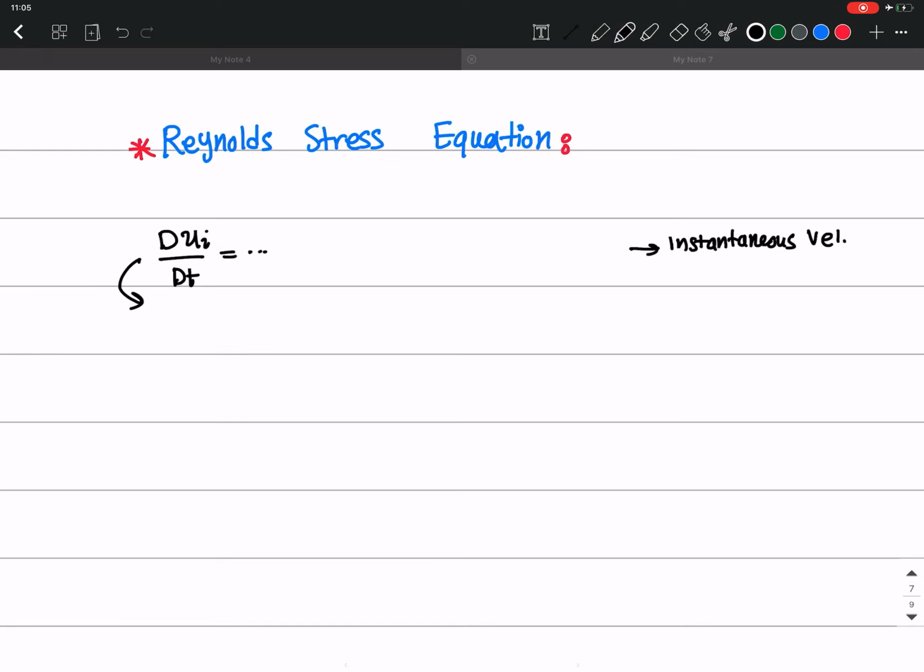This instantaneous velocity field consists of, we can do a Reynolds decomposition here, a mean field, capital U, plus the fluctuations, u prime i, dt, equals the right hand side. So I write this as equation 1.